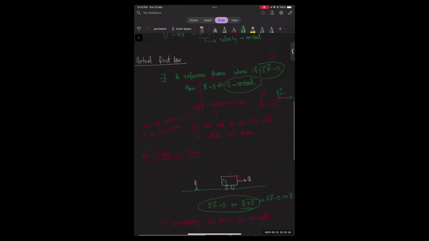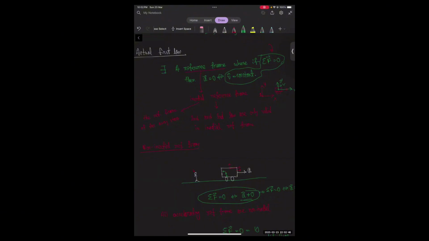Okay, so just to sum up, what does Newton's first law say? It says that there exists a reference frame where if the sum of all the forces on a body is 0, then its acceleration is 0, or equivalently, if acceleration is 0, velocity is constant. And those reference frames are called inertial reference frames.